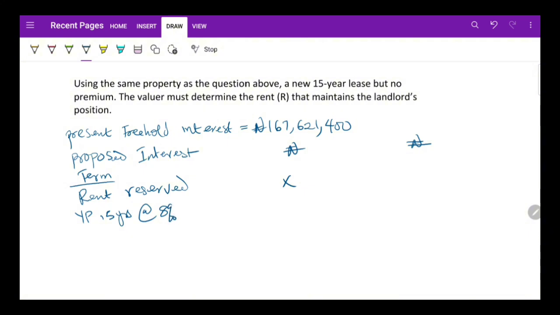Remember, it's the freeholder's interest we are doing now, that's why we're doing term and reversion. So this gives us 8.5595. Okay, so when we capitalize that, that will give us 8.5595x. So this is the capital value for the term.